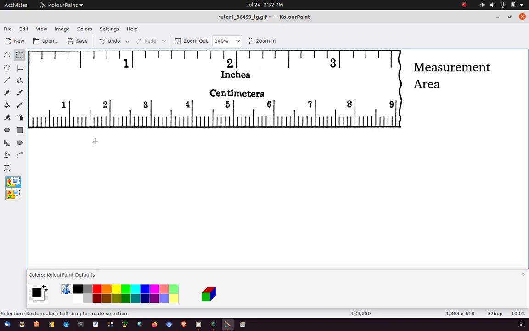When you're talking about an area, one way I would put it is that area is the size of a surface. For example, the floor of a building.